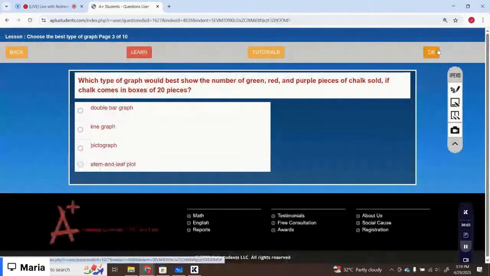Which type of graph would best show the number of green, red, and purple pieces of chalk sold if chalk comes in boxes of 20 pieces? So which is the correct option?